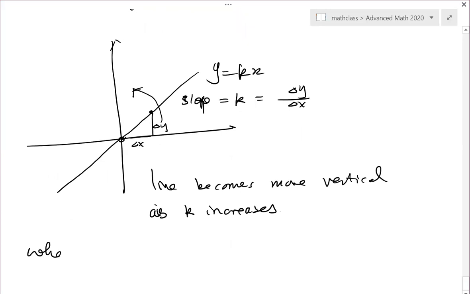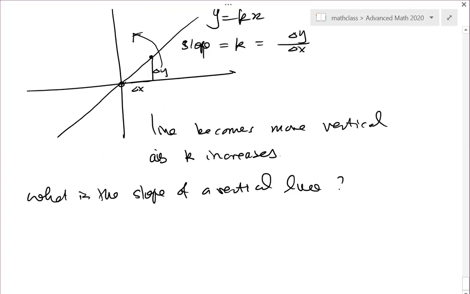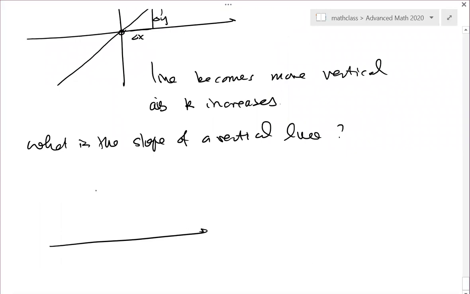My question is, what is the slope of a vertical line? There is no definition, because the vertical line is a special case. If you have to talk about slope, it is infinity, negative or positive, it doesn't matter which one. You cannot define the slope as a finite number here.